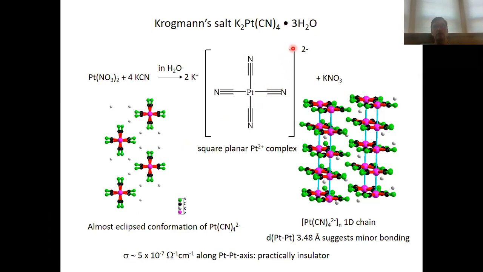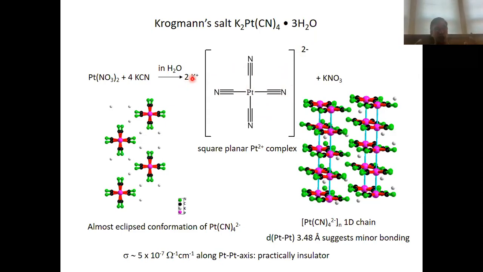So that complex anion has overall a 2- charge because of the four negative charges of the cyano groups and the two positive charges at the platinum. So potassium is then simply the countercation to that complex anion.